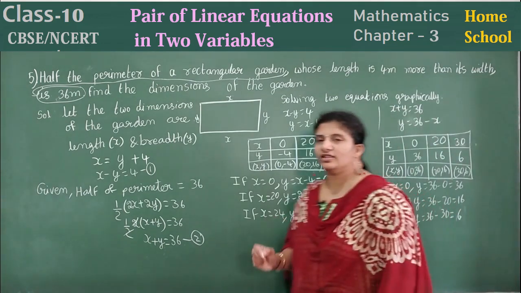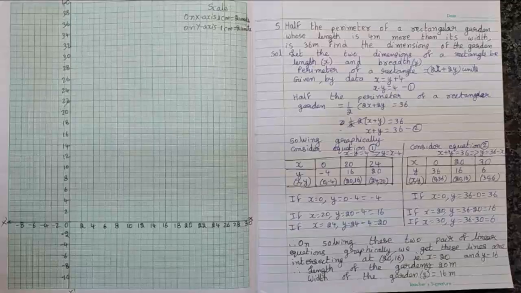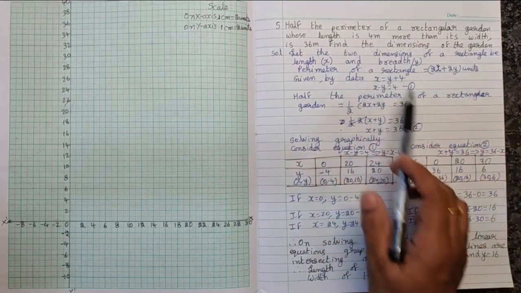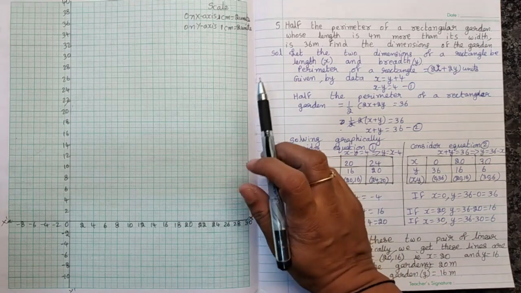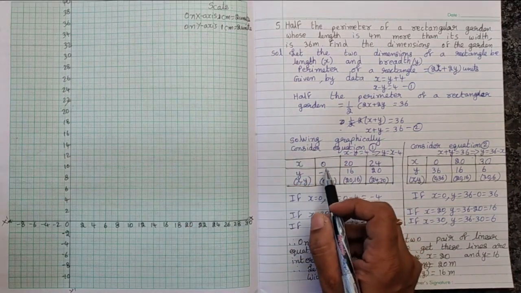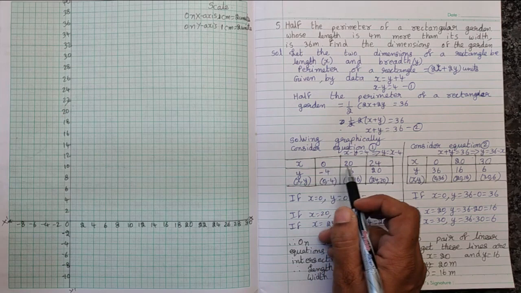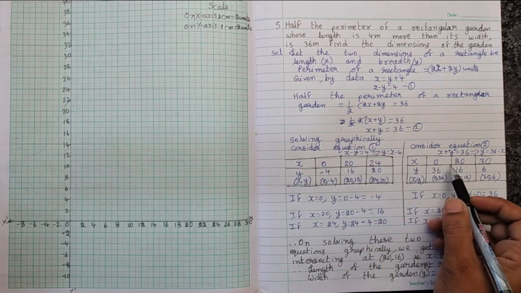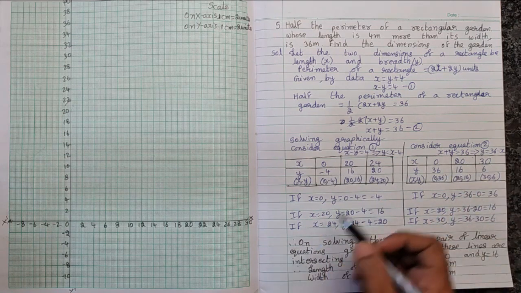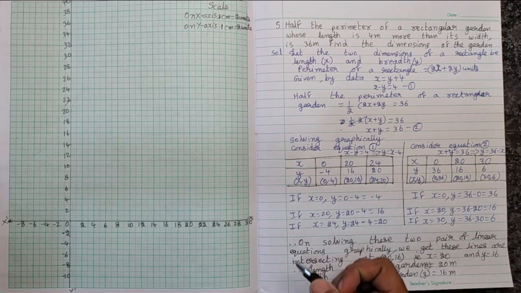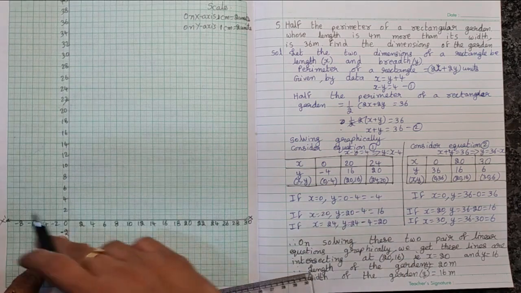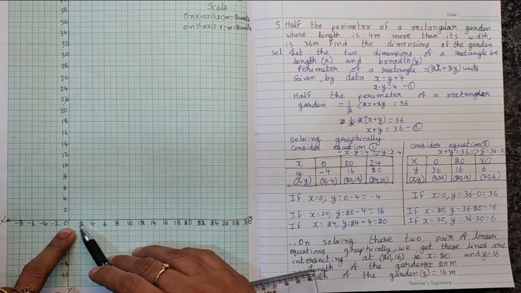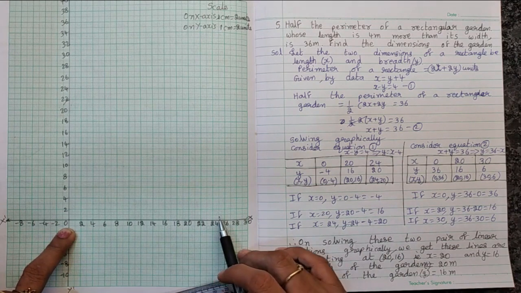Okay, let's solve this graphically. Okay children, as you can see, your fifth problem. Now we have solved this part on the board, right? We are going to solve graphically. Look here on x-axis, what are all the values you have? 0, 20, 24, 0, 20, 30. So our scale should be up to 30. For that purpose, I have taken on x-axis 2, 4, 6, 8, which means every 1 centimeter is equal to 2 units I have taken.